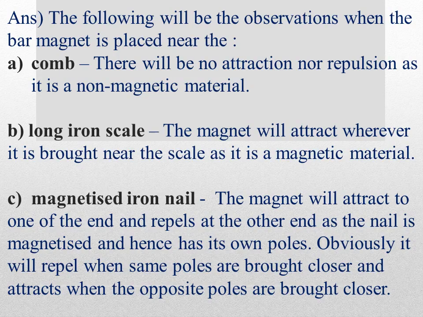At the magnetized iron nail, the magnet will attract at one end and repel at the other end as the nail is magnetized and has its own poles. Obviously, it will repel when same poles are brought closer and attract when the opposite poles are brought closer.